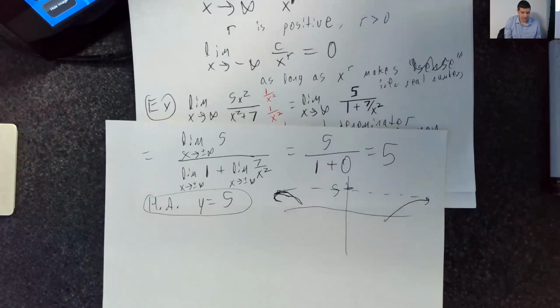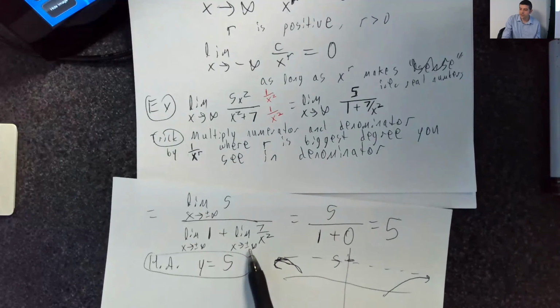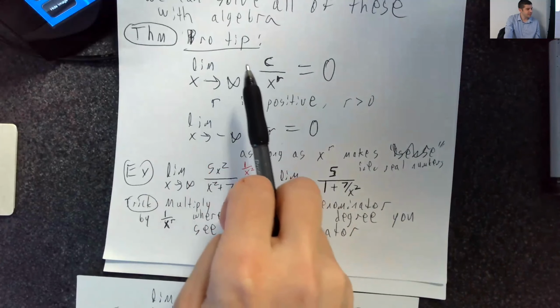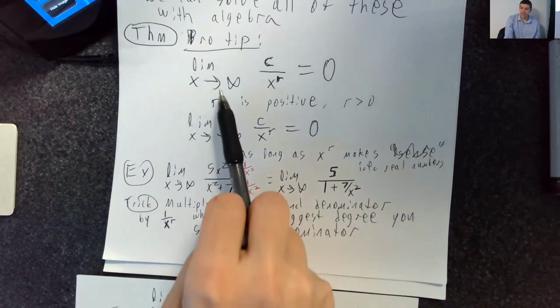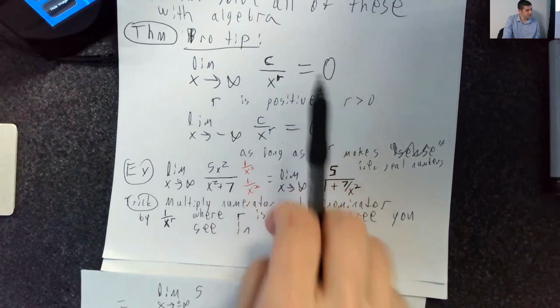Okay, question on this. So this is the trick you're going to use. Yeah, so 7 over x squared is 0. Good. That's our pro tip. That's our theorem: if we take the limit and the denominator gets super large, we get 0.